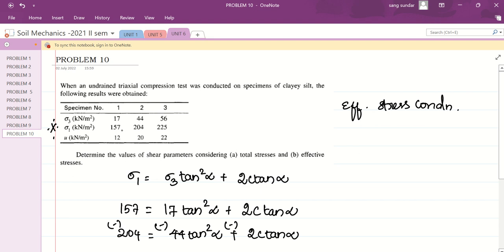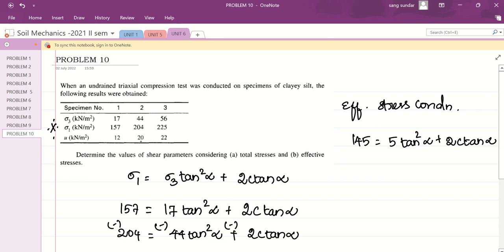So your sigma 1 will become 157 minus 12, which is 145, is equal to 17 minus 12, which is just 5 tan square alpha plus 2c tan alpha.